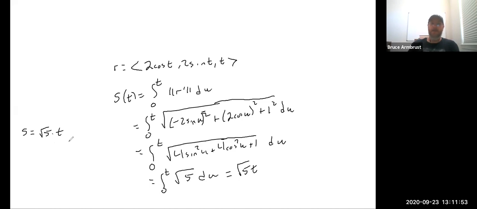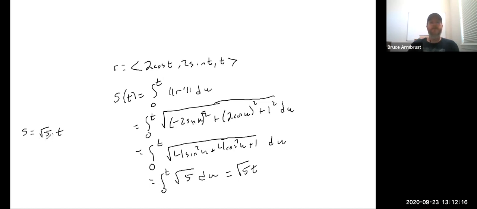So every hour we're doing root 5 miles, or every second we're doing root 5 meters, or however you want to think about it. So interestingly enough, with this function, if this is actually describing the path of a particle, the particle has constant speed. And that speed is root 5.